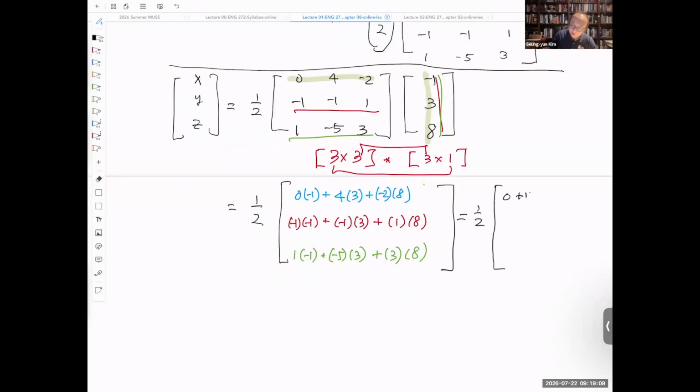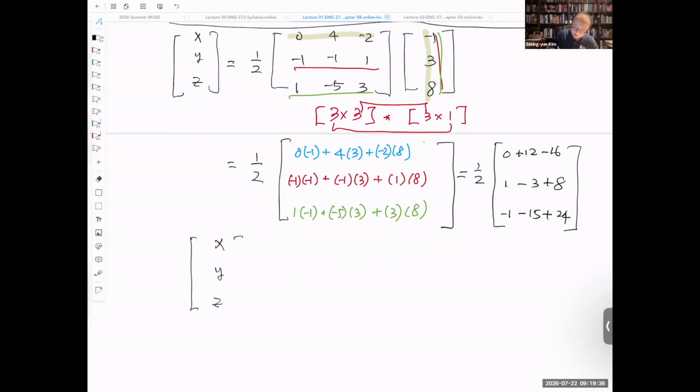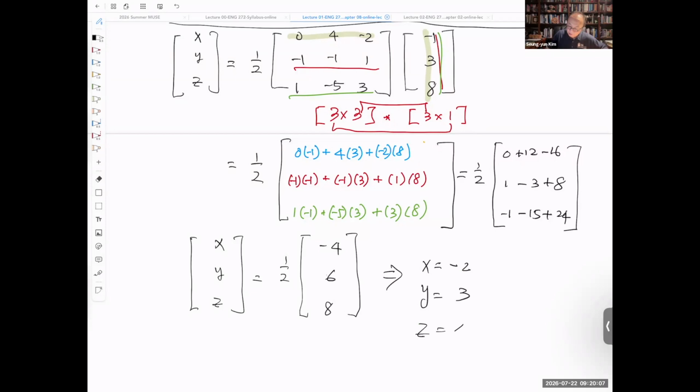So 0, 12, minus 16; 1 minus 3 plus 8; then negative 1 minus 15 plus 24. X, Y, and Z equals 1 over 2 times negative 4, 6, 8. So from here, x equals negative 2, y equals 3, and z equals 4. So that's your final answer.